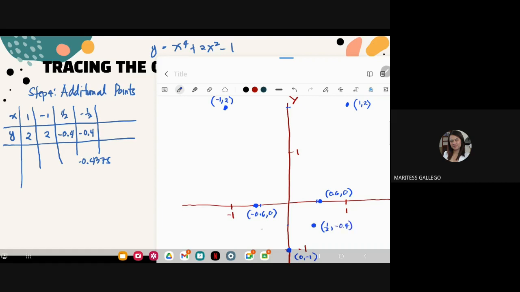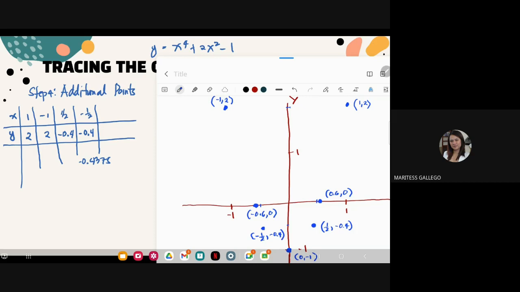Ito naman, ganun din siya. So, this is now negative, nabaliktad ko. Tama pala, ang x ko is negative 1/2. Okay, negative 1/2, and then our y is negative 0.4.